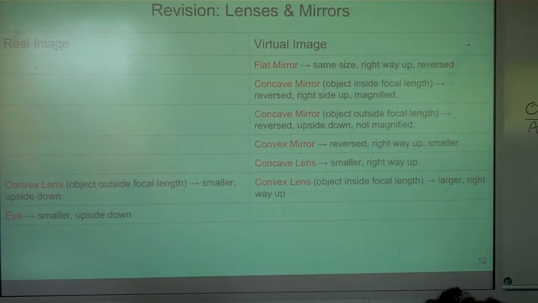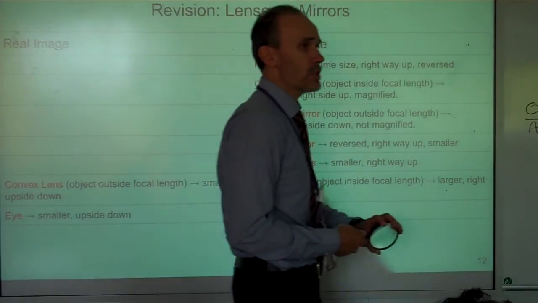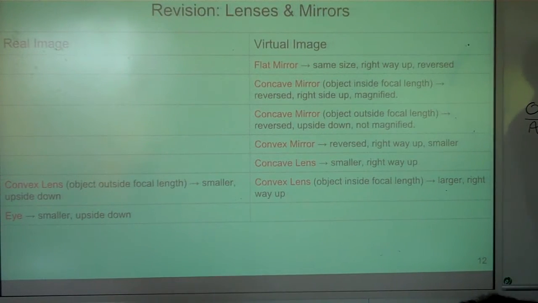So long story short, what are the 2 ways to get a real image? Yep, to use a convex lens and an object outside the focal point, and your eye also produces real images.